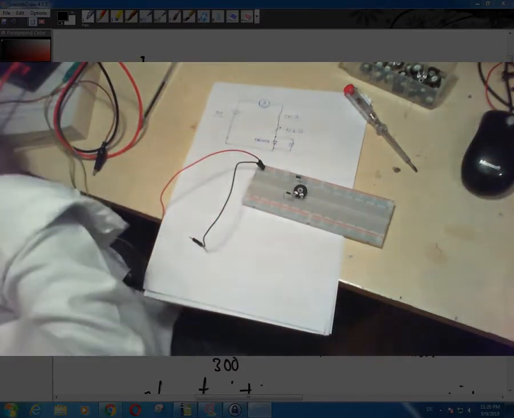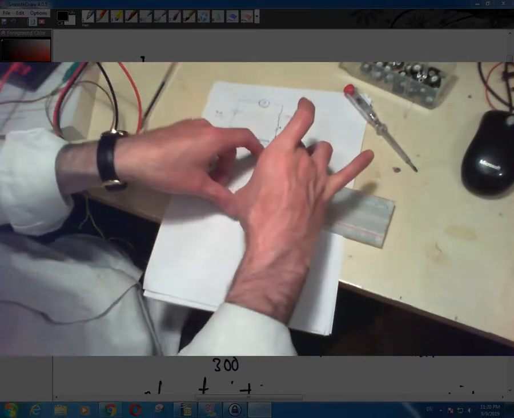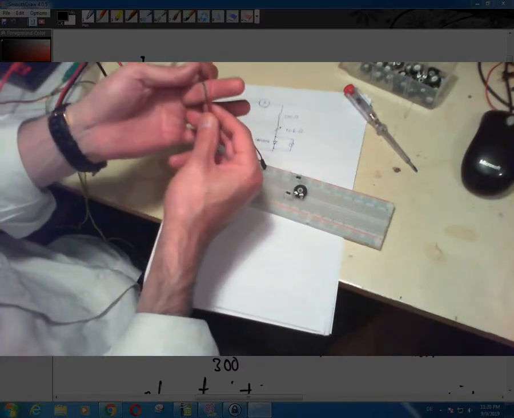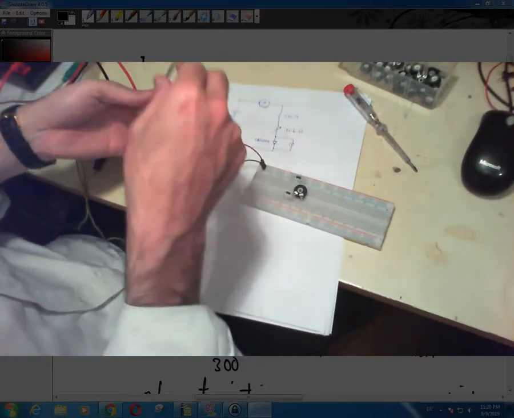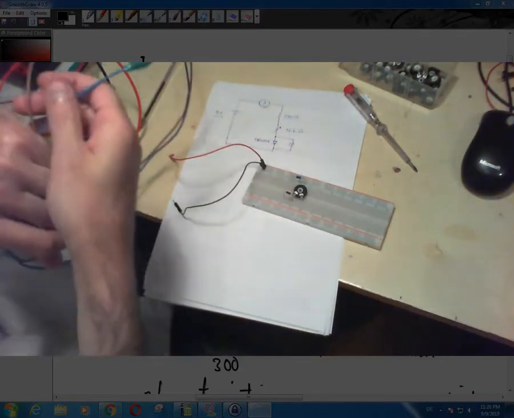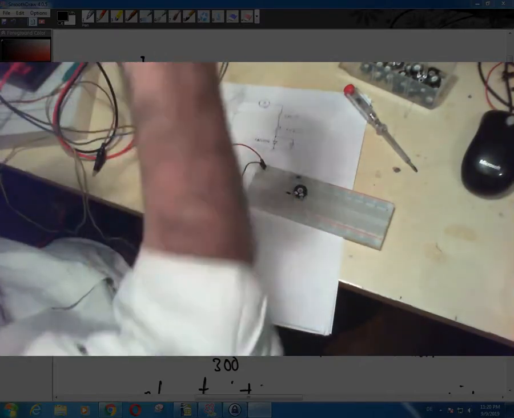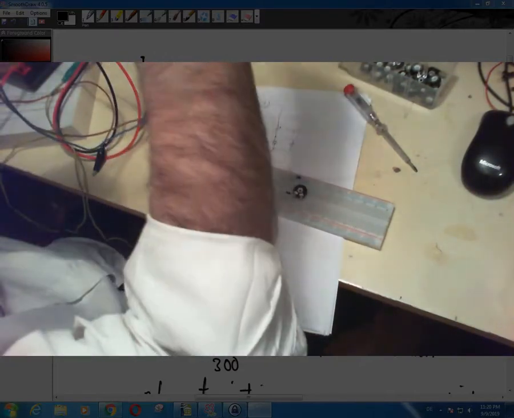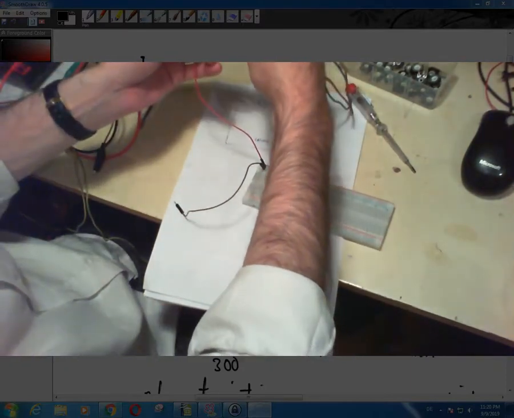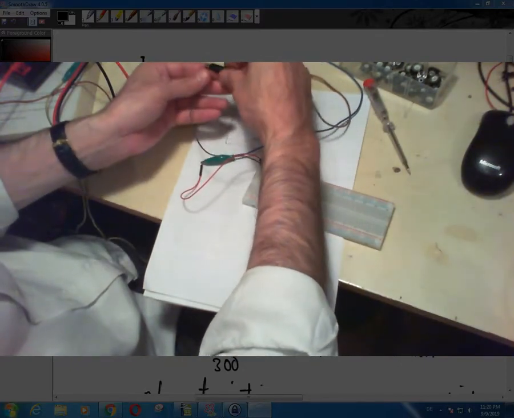So now I made this my power supply bus, and then I will connect this to the power supply. This is the wire that is coming from my power supply. Of course, I disconnect it from the other end for now and just connect my positive to positive and negative to negative.